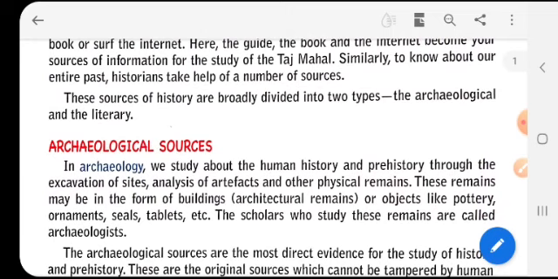Whatever requirements they have, or whatever mediums they use to increase their knowledge, those are called the sources of history. These sources of history are broadly divided into two types, the archaeological and the literary.